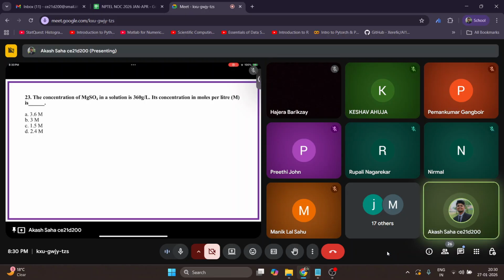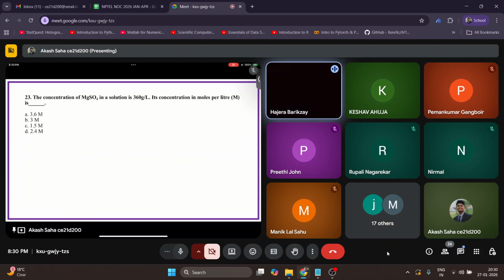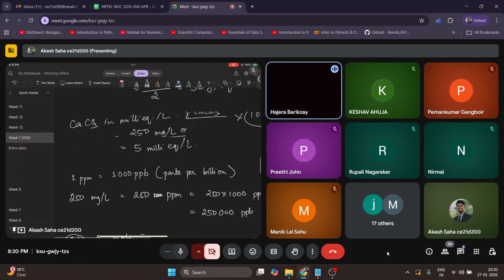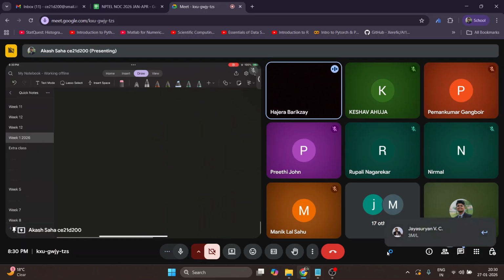So what is the total? 24 plus 32 plus 64 is 120 grams per mole. And molarity is the grams per liter divided by the molar mass. You've given us 360, and the molar mass we found is 120. So 360 divided by 120 is 3.